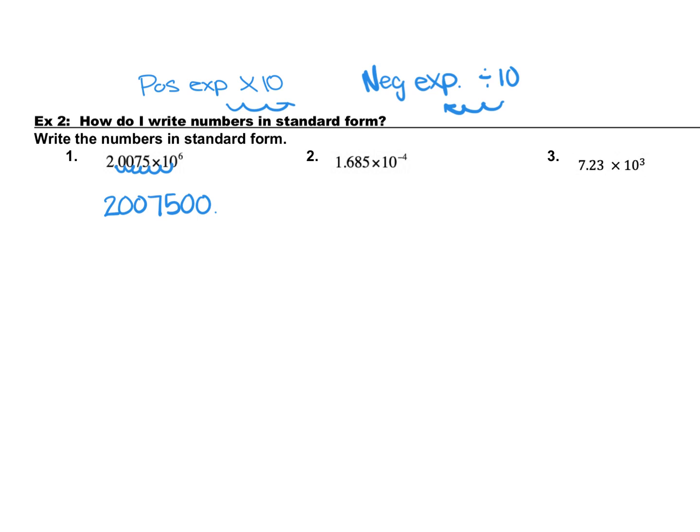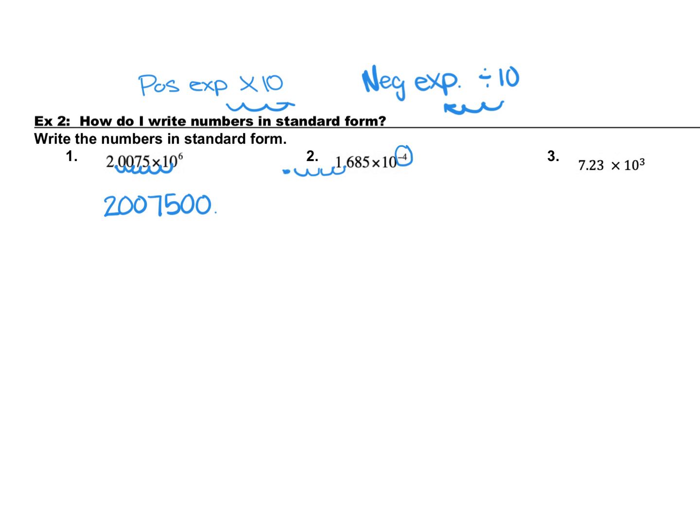For question number 2, we have 1.685 times 10 to the negative 4. Remember, if we have a negative exponent, it means that we're going to be dividing by 10 4 times. So when we divide by 10, then we're moving our decimal place to the left. So we're going to move it over 4 places to the left.